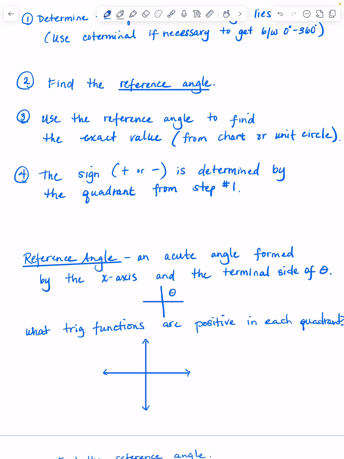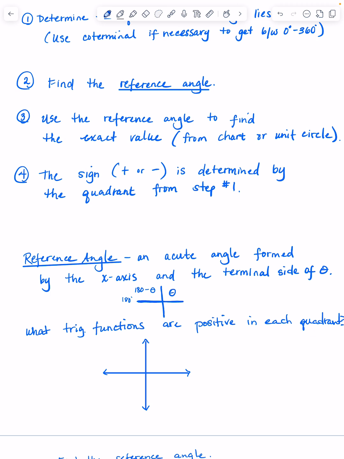Okay, going on to quadrant 2, remember it has to be formed by the x-axis, so you're forming it from 180, right? So to find that reference angle, you would subtract theta from 180. All right, going on to quadrant 3, we're still going from the x-axis. It's always going from the x-axis.